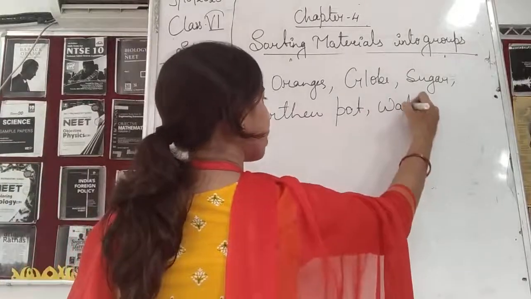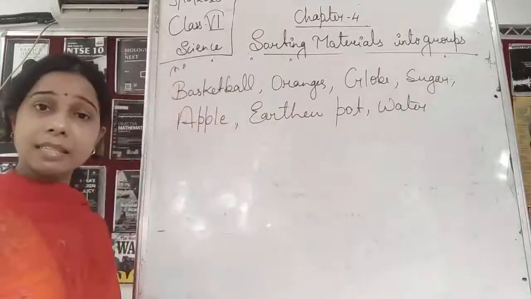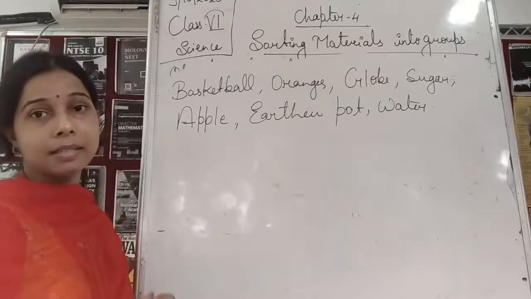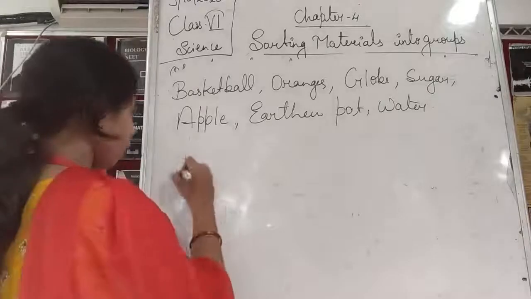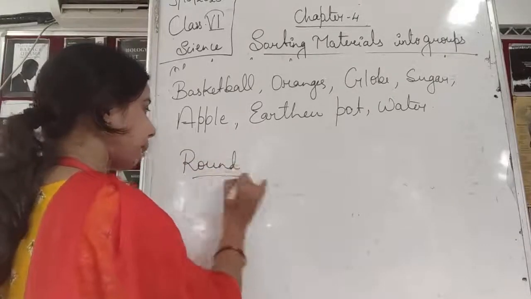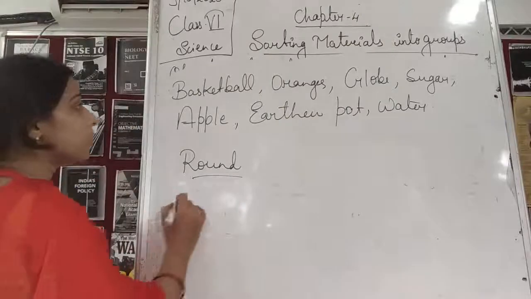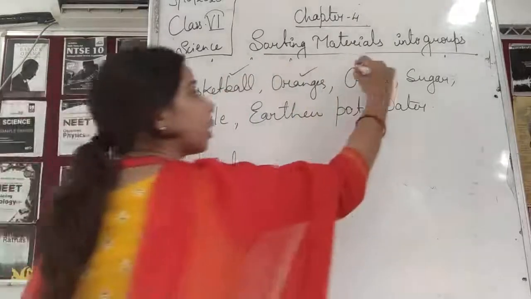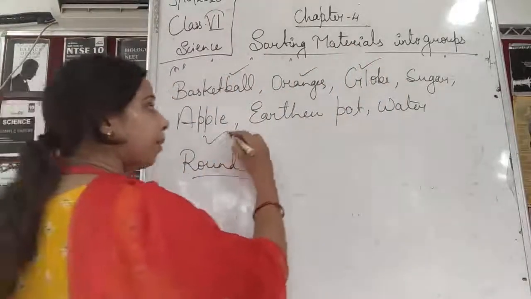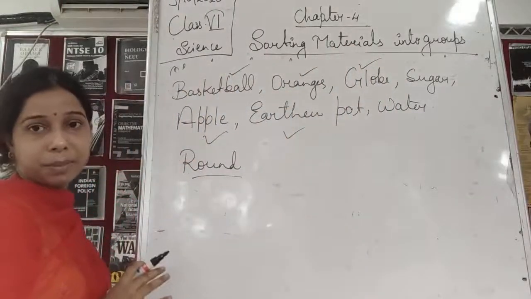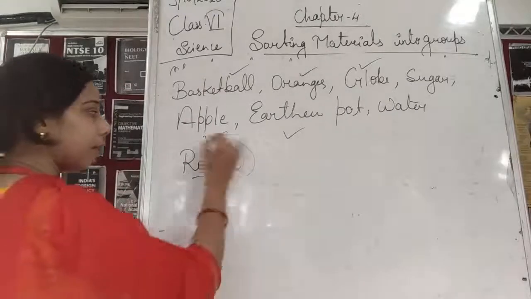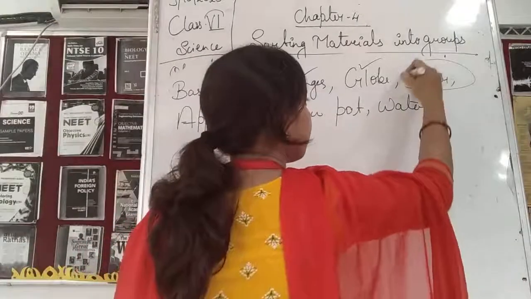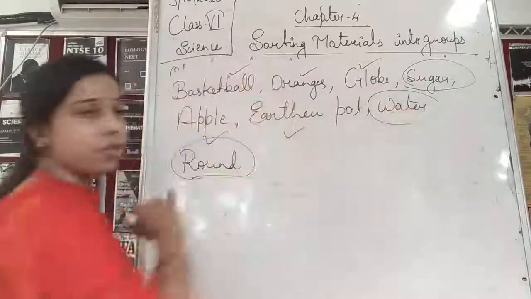Now the question is that you have to classify them into two types: whether it is round, and eatable and non-eatable. If we talk about how many of them are of round shape, basketball is round, oranges are round, globe is round, apple and earthen pot are round. So this will come in the round one. Which one is not round in shape? Sugar is not round and water is not round.